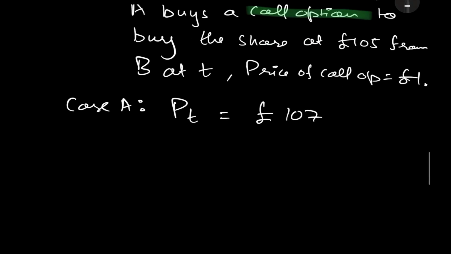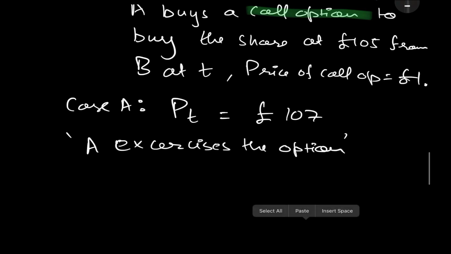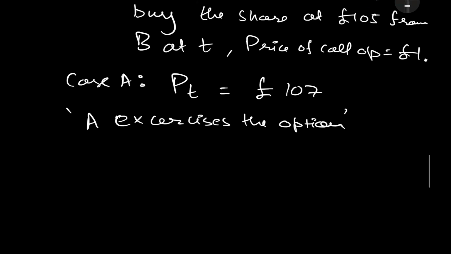So A exercises the option. That will be your conclusion, right? A exercises the option. And what will be the profit of A? It will be the price at which he can sell the share in the open market.